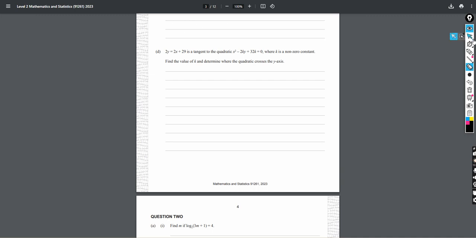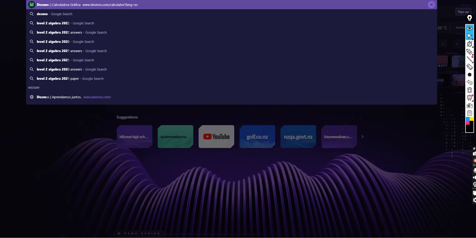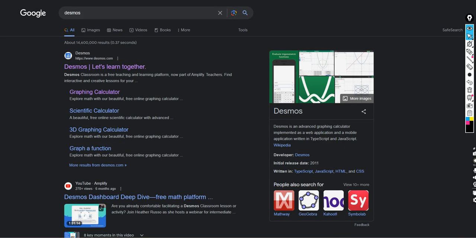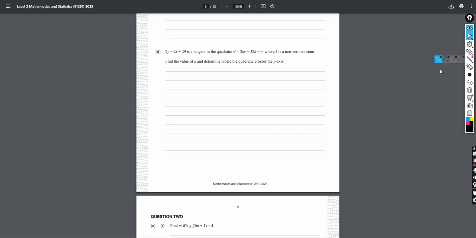Okay, let's look at this graphically, because if I'm really struggling with this, either I'm overlooking something. Of course I'm overlooking something. Desmos, come on. Load. 2 is tangent to the quadratic.